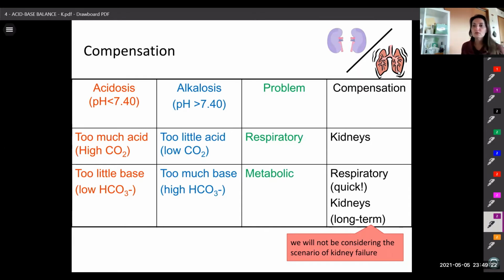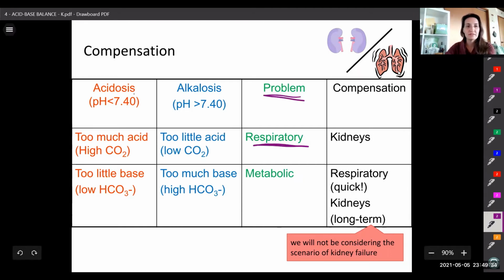Now let's look more closely at the actual compensations that can occur with the respiratory system and the renal system. And we start here with the problem, respiratory problem, whether that's acidosis or alkalosis. If the problem is a respiratory problem, then we don't expect the respiratory system to help with the compensation. So for our purposes, for testing purposes, to make this less complex here, right?